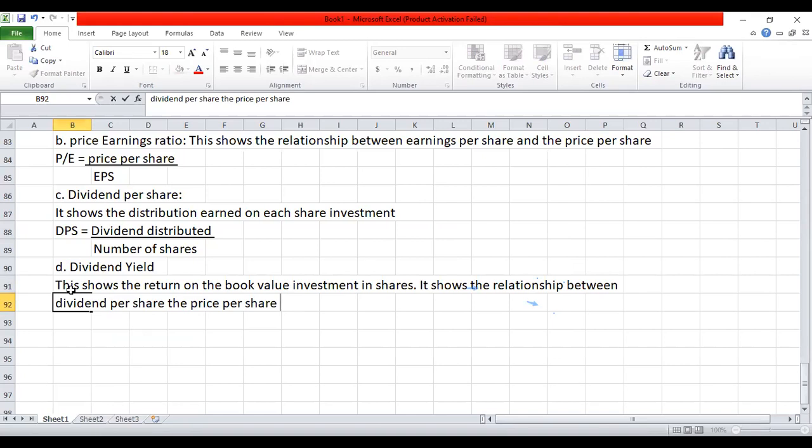You are showing the relation between the dividend per share and the price per share. How much do you earn on every share investment as dividend? So when we are computing, our DY is equal to DPS, that's the dividend per share, divided by price per share. Then you can get your DY.